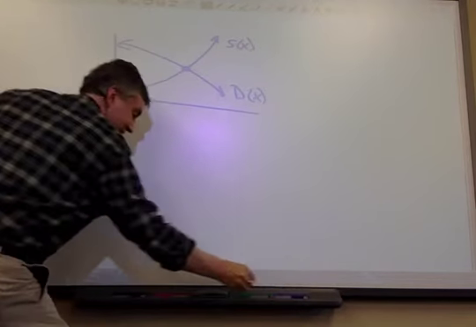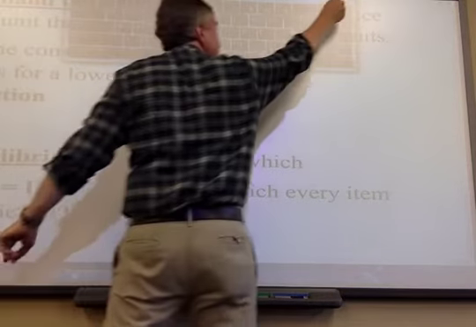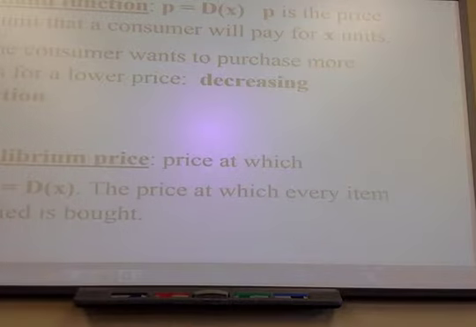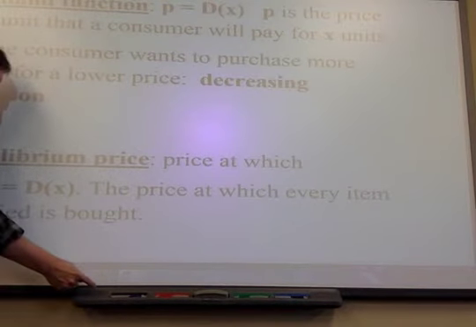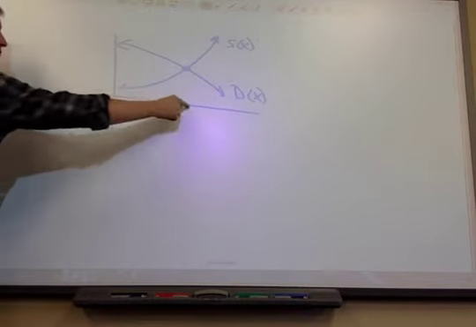Equilibrium price at which S of x equals D of x. Okay? Price at which every item supplied is bought. So basically, what they want you to do, if you can set your price to the equilibrium price, that's going to be optimal.